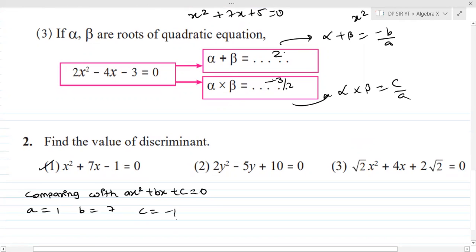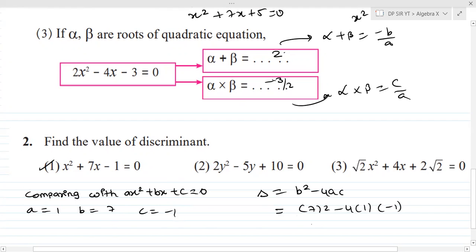Now you need to find delta. That is, delta is equal to b square minus 4ac. That is the discriminant. Okay, so here it's going to be 7 square minus 4ac.